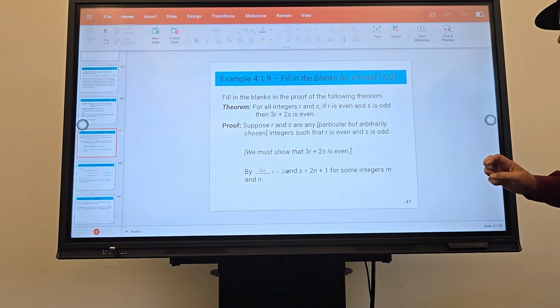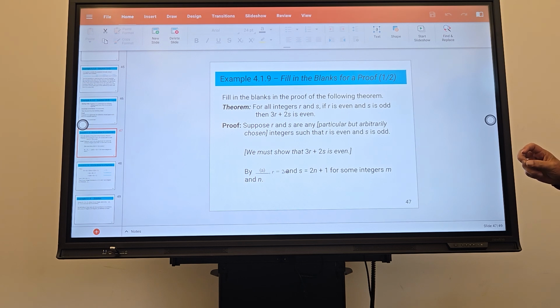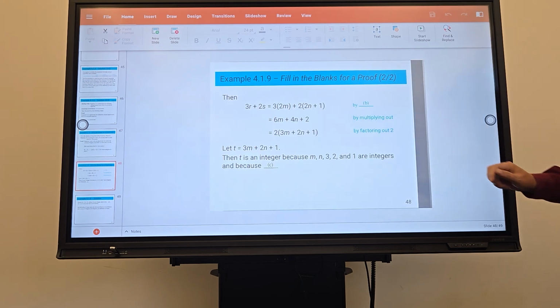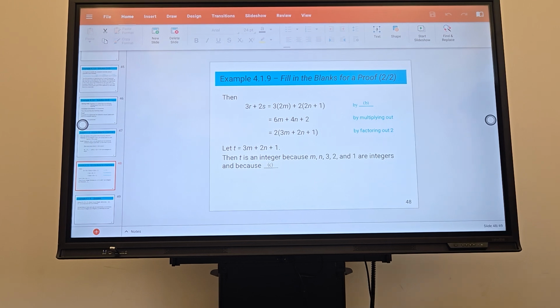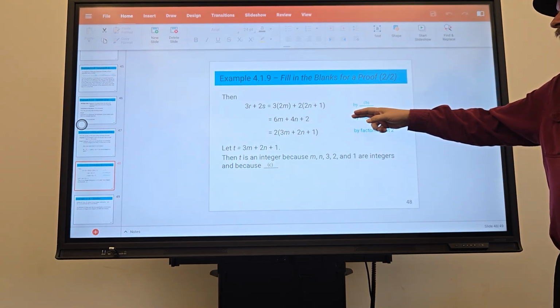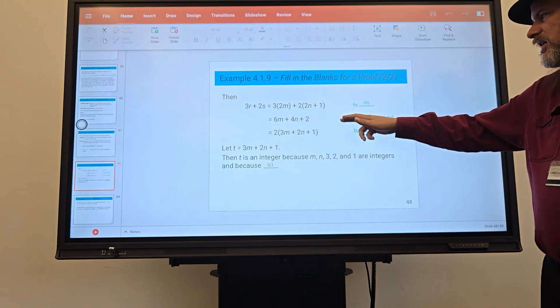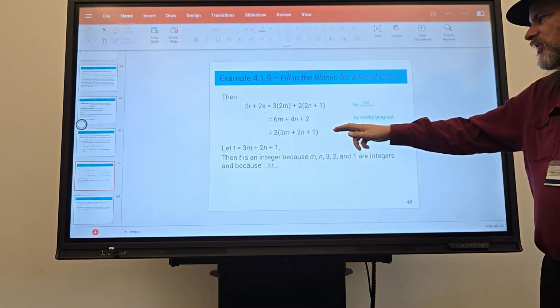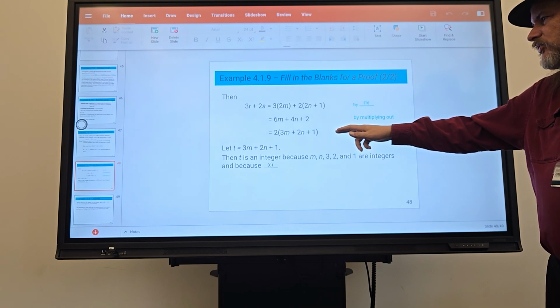Therefore, by the definition of even and odd, R equals 2M and S equals 2N plus 1 for some integers M and N. Then by substitution, you get this form. Then by multiplying it out, you get this form. And then you get this form by factoring out the 2.